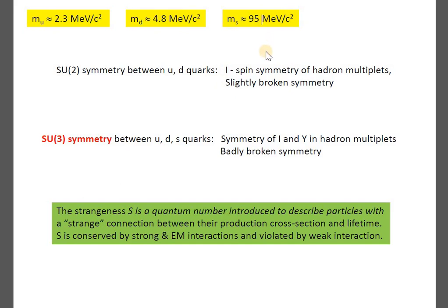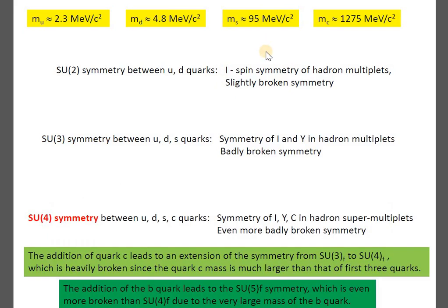And next is the charm quark. Now this addition of the charm quark leads to an extension of the family from SU3 flavor to SU4 flavor, which is even more badly broken, or I should say heavily broken, since the quark C, its mass, is much larger than the first three.